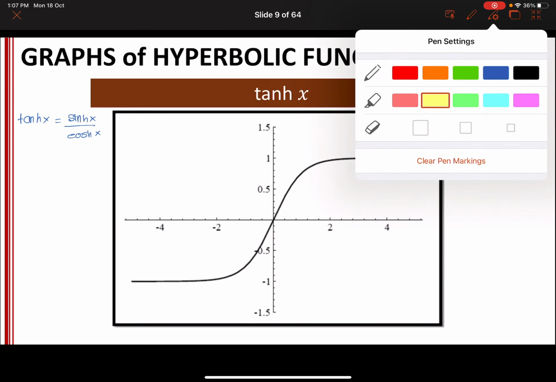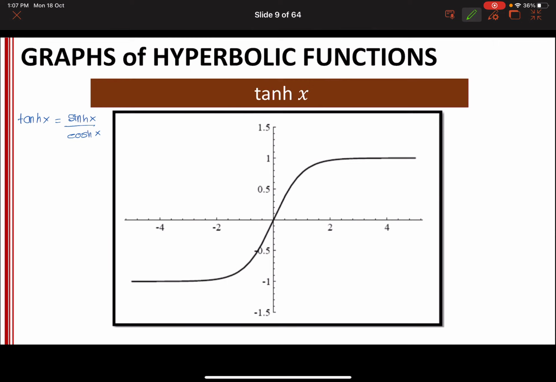You see that it approaches 1 but never reaches 1, and also negative 1. These two lines, we call them asymptotes, where y is equal to plus or minus 1.